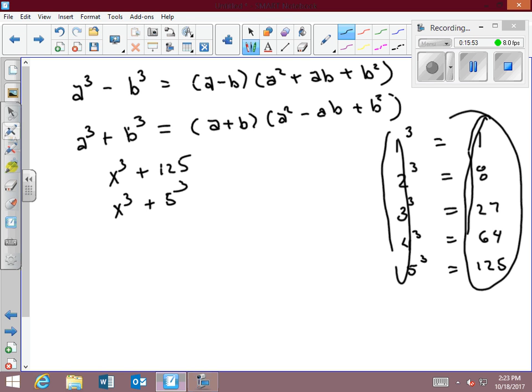So a is x and b is 5. That makes sense? And so 6 cubed, right? 6 sixes are 36, and 6 times 36 is 218 or something like that, right? So you'll see these big numbers when they're cubed, but you have to realize that you're not dealing with squares, you're dealing with cubes.